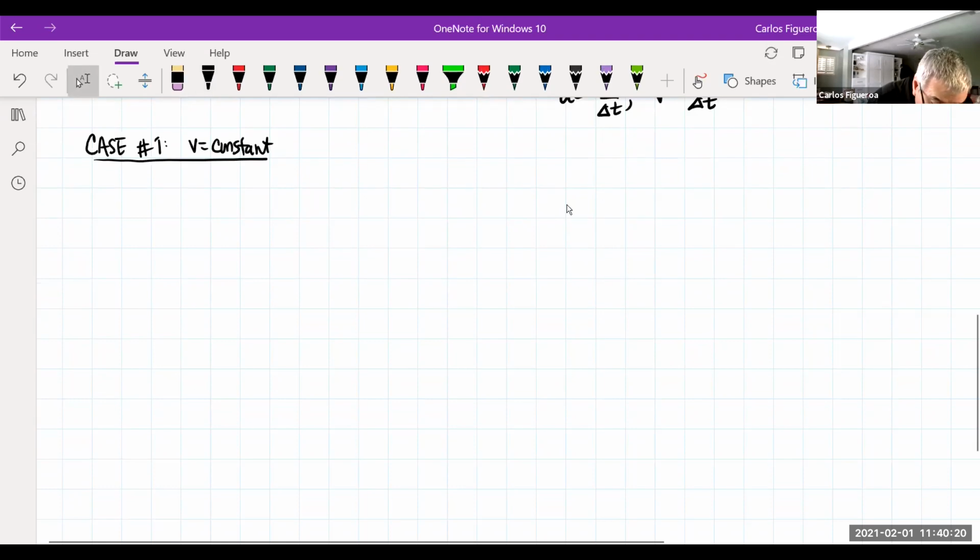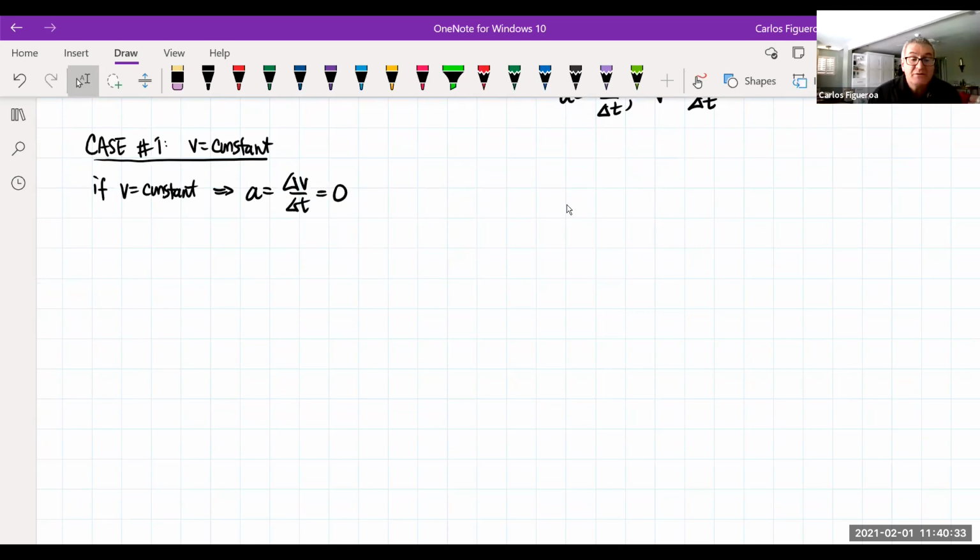According to our definition, if V is equal to a constant, that immediately implies that the velocity does not change, so the acceleration is zero.